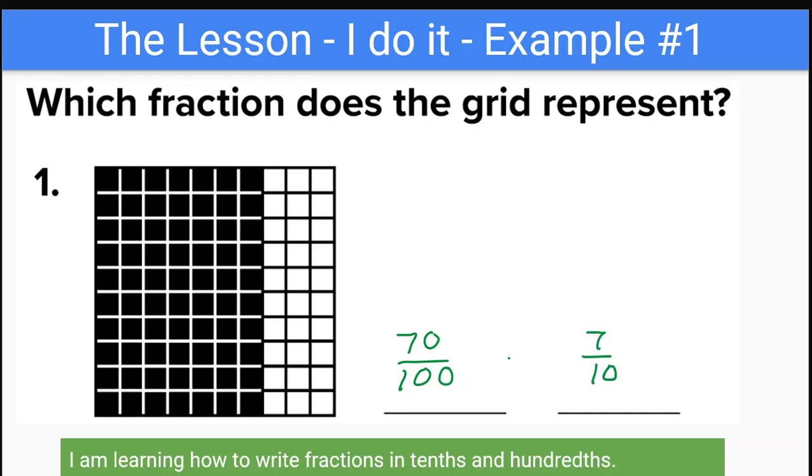These two things are equivalent fractions, and the reason is if we multiplied the numerator by 10, we'd get 70, and if we multiplied the denominator by 10, we get 100. We learned earlier this year that if you multiply the numerator and denominator by the same thing, you get equivalent or equal fractions. Kids, you're learning how to write fractions in tenths and hundredths.